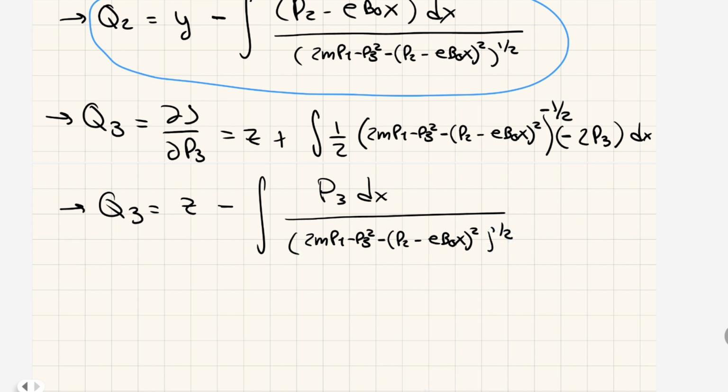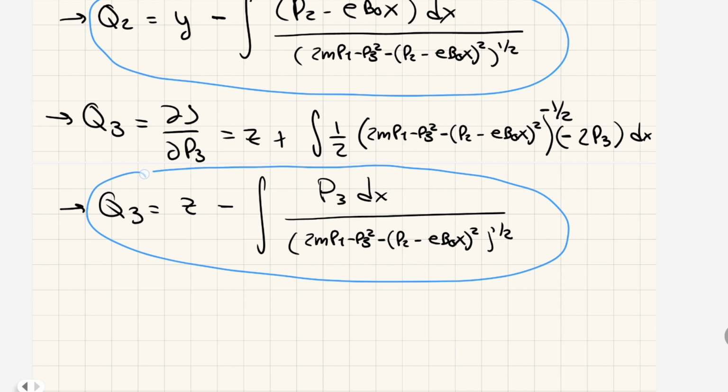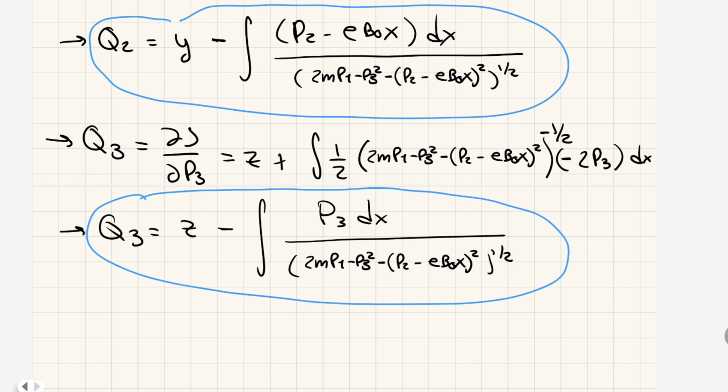Perfect. So with this we have found q1, q2, and q3. Okay, perfect. So what we are going to do now is to establish what are P1, P2, and P3. Recall that this is to complete the definition of the canonical transformation corresponding to S. Remember that a canonical transformation is composed by some new functions, upper Q and upper P, and we need to express these functions in terms of the original coordinates.